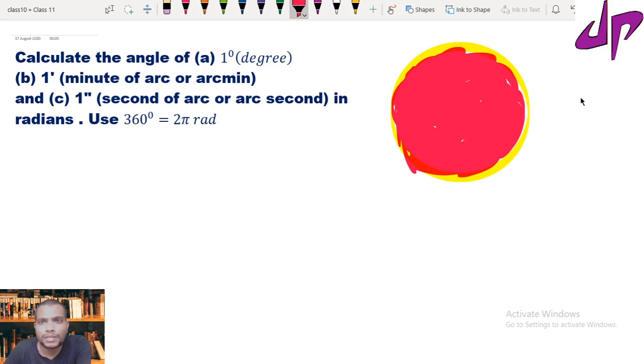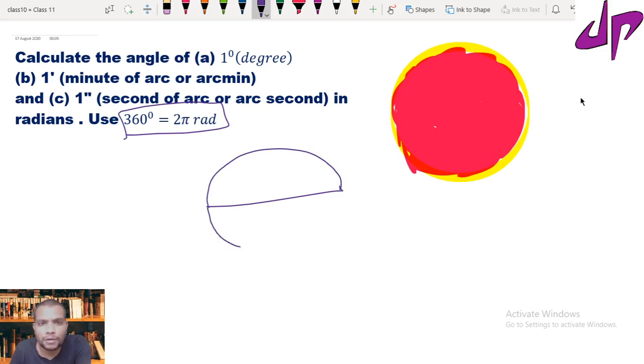This is the basic knowledge. Otherwise, if you take your protractor, it has 180 degrees, and if you take one more protractor, it makes 360 degrees. So 360 degrees equal 2 pi radians.